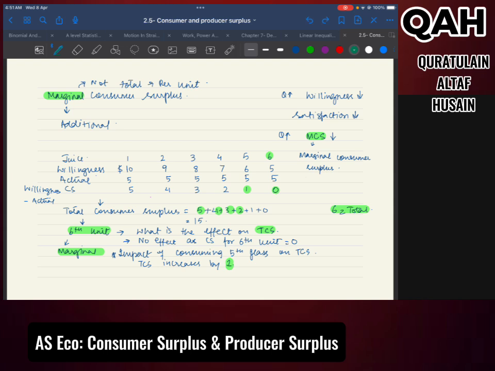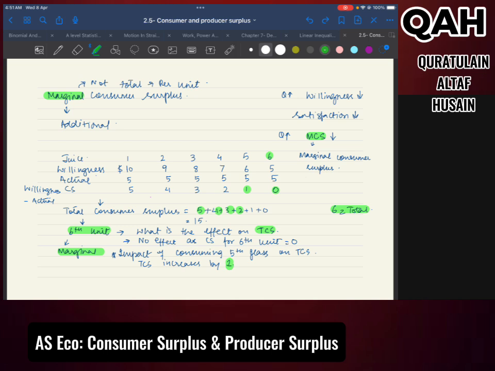Now, if the question asks what will be the impact on the total consumer surplus after consuming the sixth glass. Sixth glass means, are they talking about the total consumer surplus? No, they are talking about marginal consumer surplus.